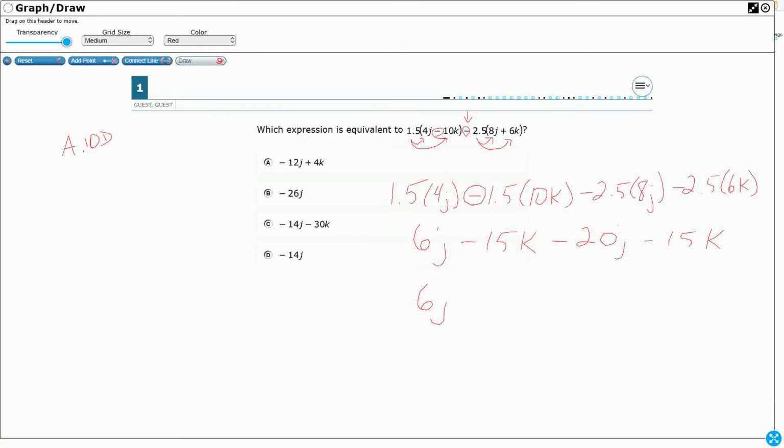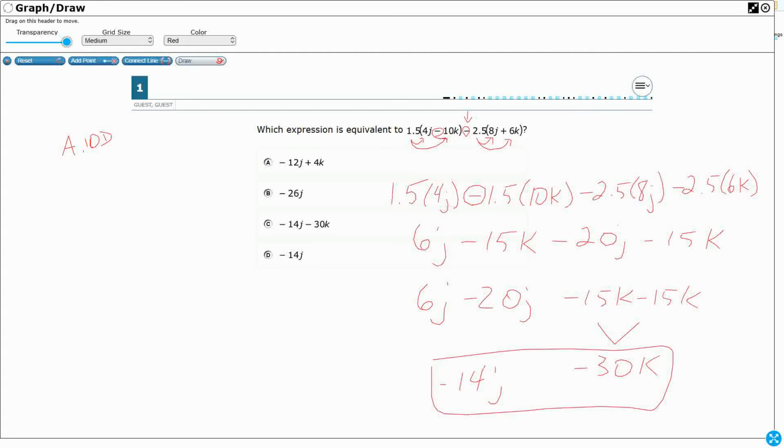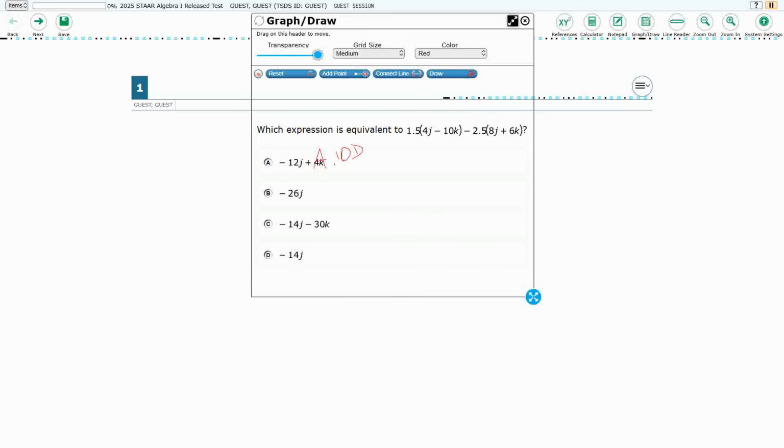I've got 6j minus 20j, and then I've got negative 15k, negative 15k. All right, so that's easy. That's going to be negative 30k. 6j minus 20j is going to be negative 14j. So negative 14j minus 30k, and so our answer here is C.